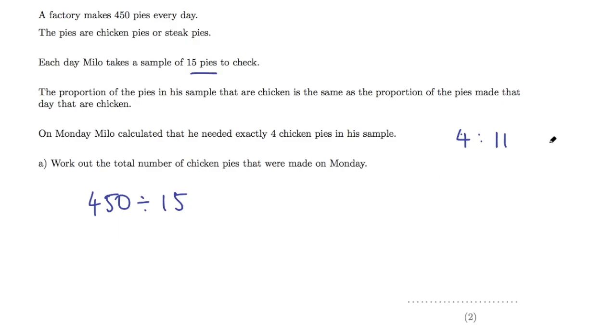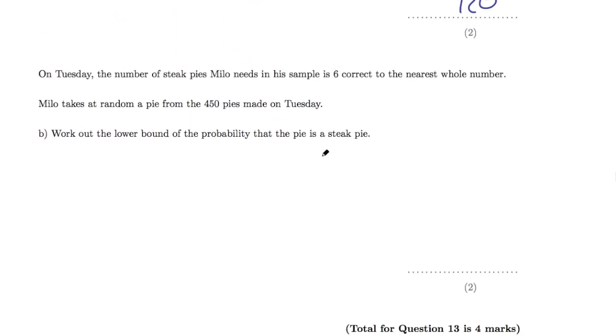In other words, the total of this ratio is 15, so one part is going to be 450 divided by 15. 45 divided by 15 is 3, so that's going to be 30. And then 4 parts is going to be 30 times 4, which would be 120. So there are 120 chicken pies made on Monday.